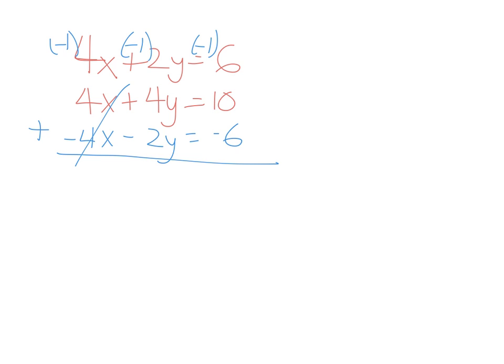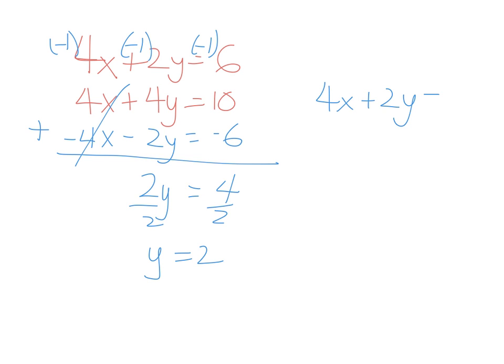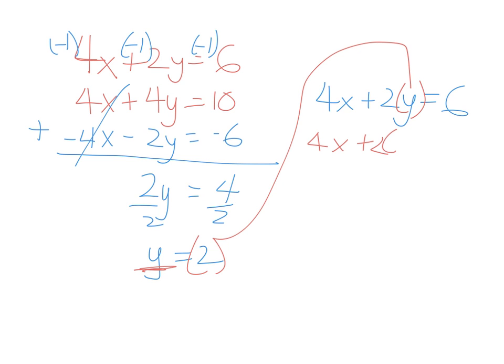I'll add the equations together. The x's cancel. I get 2y equals 4, divide by 2. So y equals 2. I'm going to take one of my original equations and substitute in 2 for the y. So I have 4x plus 2 times 2 equals 6. 4x plus 4 equals 6.